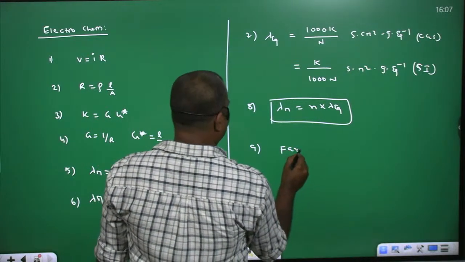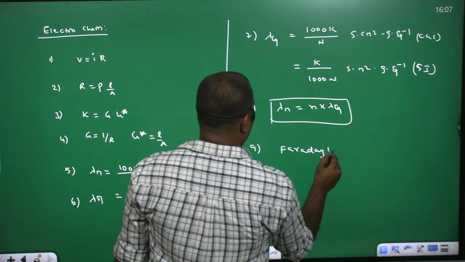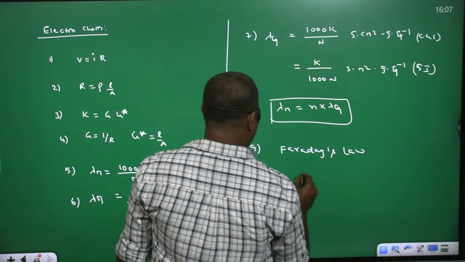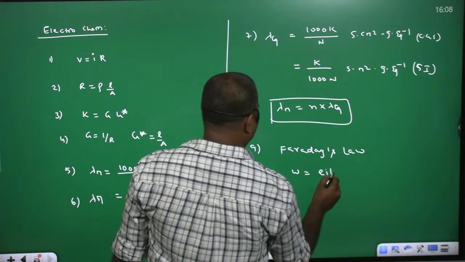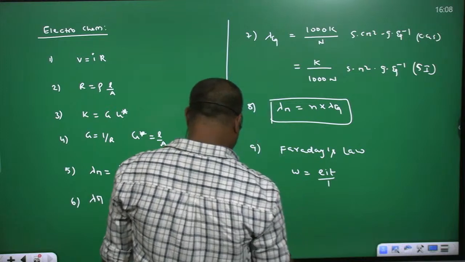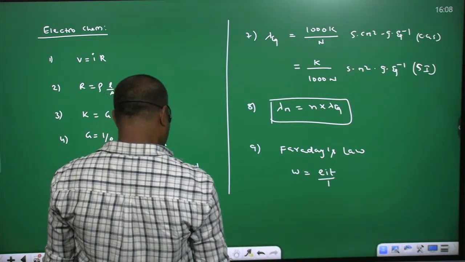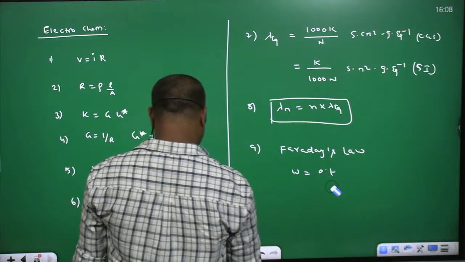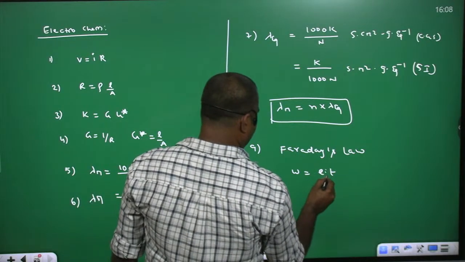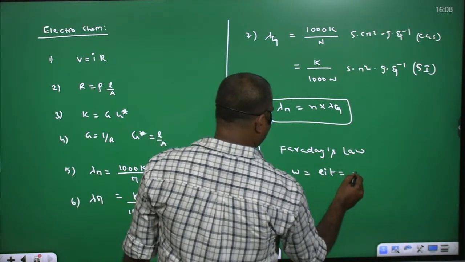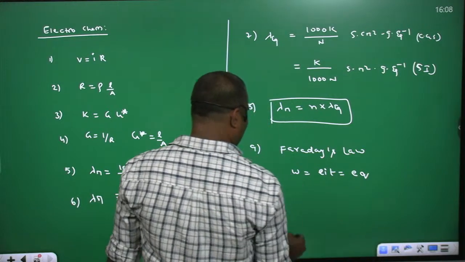From Faraday's laws, what is the formula? First law, W equal to ZIT, where Z is electrochemical equivalent. ZIT equal to E into Q, where Q means charge.